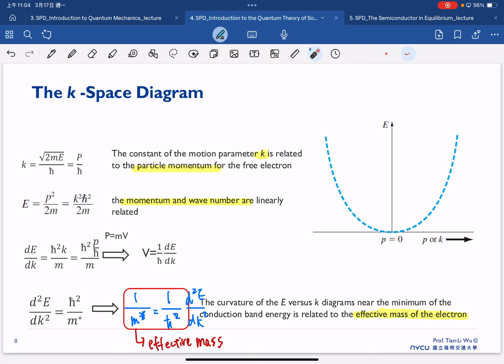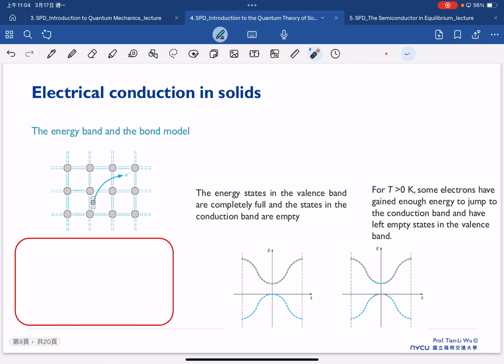Okay, so now we move back to the discussion related to the energy band, because we already know what the energy band looks like, but now we also want to understand whether we are able to use the energy band to understand electrical conduction.